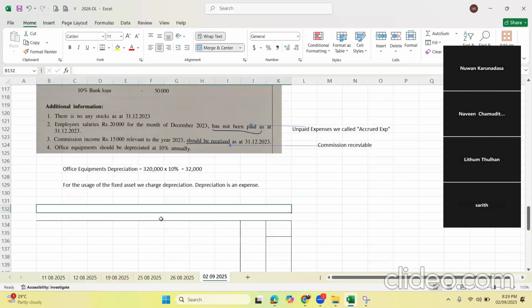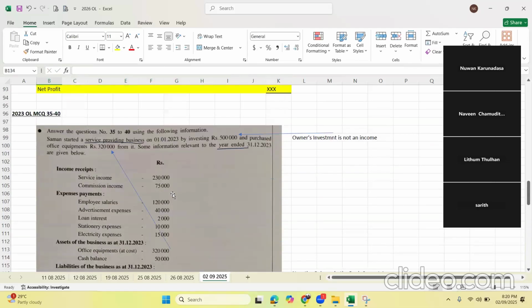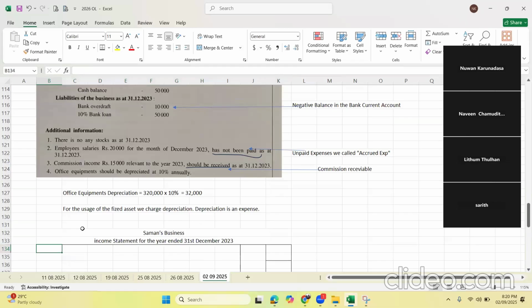Saman's business income statement for the year ended 31st December 2023. So this is the format. Here you don't have sales. It's a service providing business, so your income will be service income.